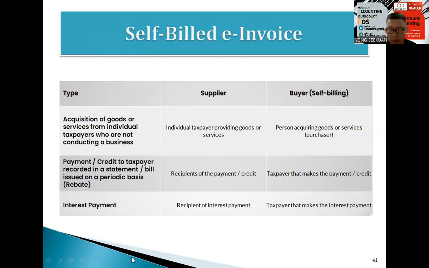Your accounts can still include your normal invoices, because we have a transition period. For one year, until July next year, some companies that have not reached the threshold, say in phase 2 and phase 3 while phase 1 is already implemented, are not required to implement yet.